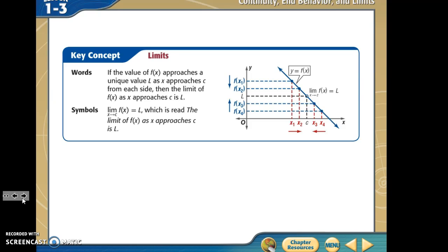So as our f of x is approaching in either direction, we're approaching that value L. So in symbols, we have the limit as x approaches c of f of x equals L, just as I said. Questions?